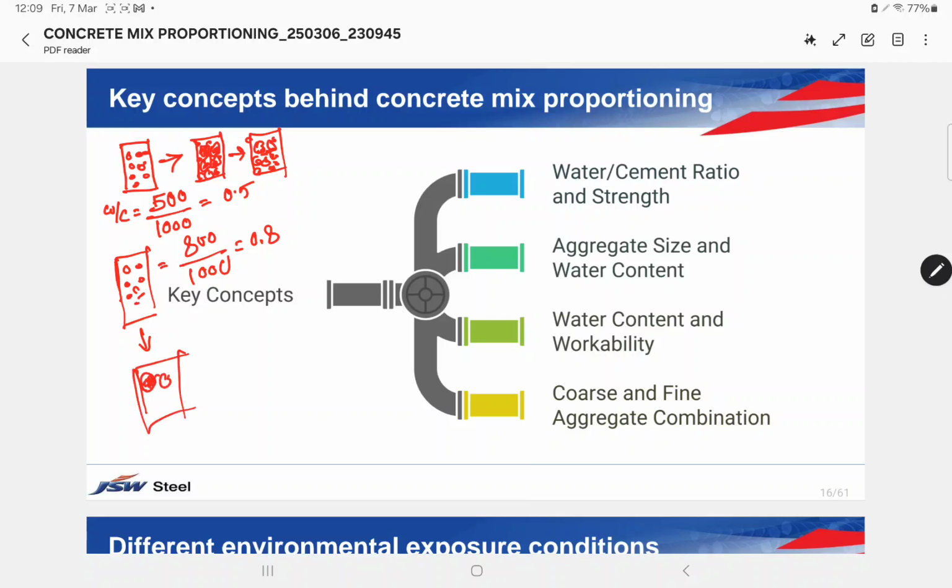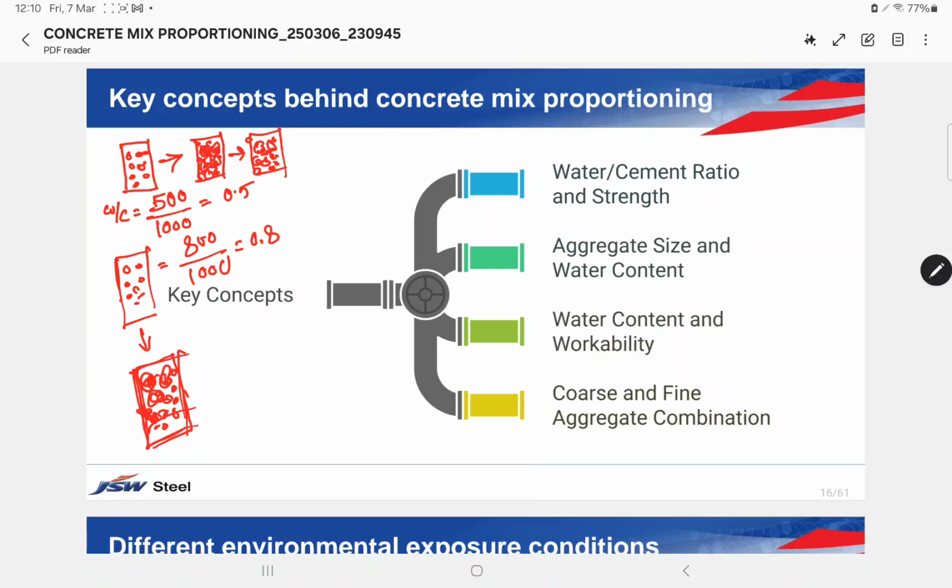Some hydrated products will be formed, but the volume of air or volume of void will be higher, because my cement content remains the same and the hydration products will remain the same, but I have increased my water content.